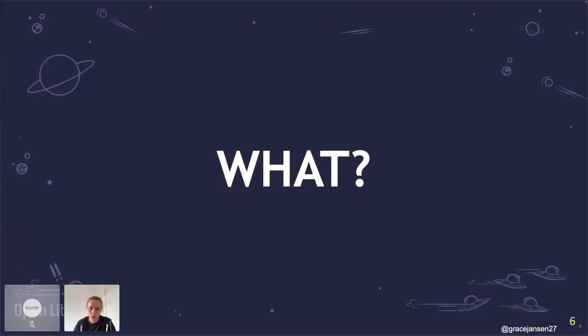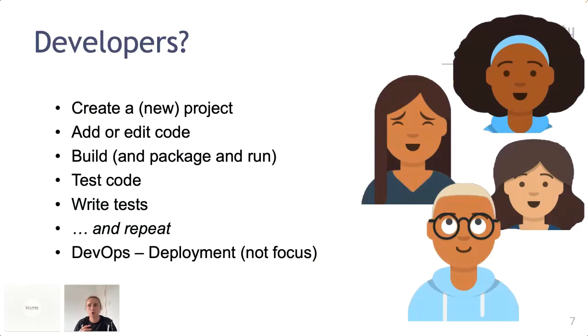So what are we trying to achieve with this? Well, the first thing we need to consider is what we're trying to do as developers to then analyze the tools that can help. And what we're doing as developers has really rapidly evolved over the last few years even. So it involves not just creating a new project. Obviously, there's adding and editing code. We've got to consider things like how we're going to build, package, and run that code.